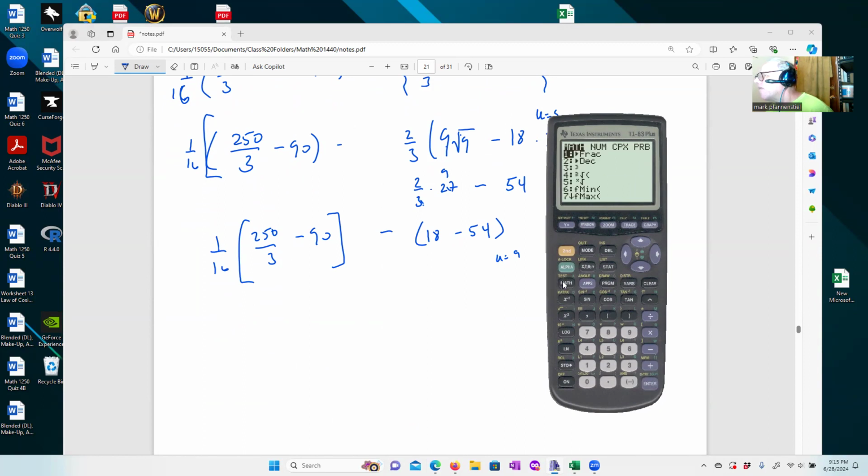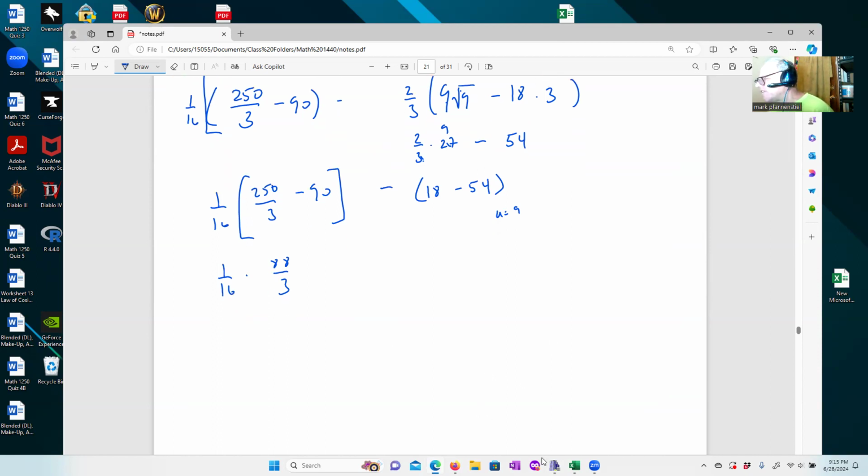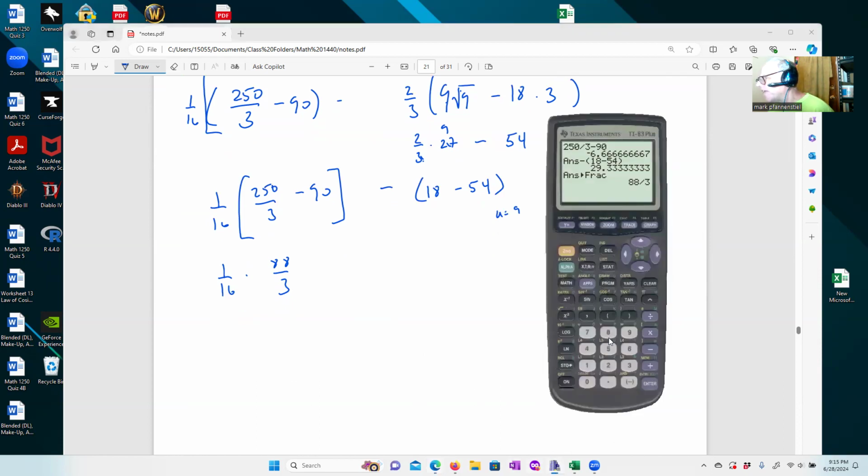I'm going to go ahead and change this to a fraction. And we end up with 1/16 times, what did it say there? 88/3. That was this whole thing that came down to be 88/3. Does 88 go into 16? A little bit. Let's go ahead and try that out. So we have 88 divided by 16 here. Okay. So let's see. We have 5.5. So not enough.